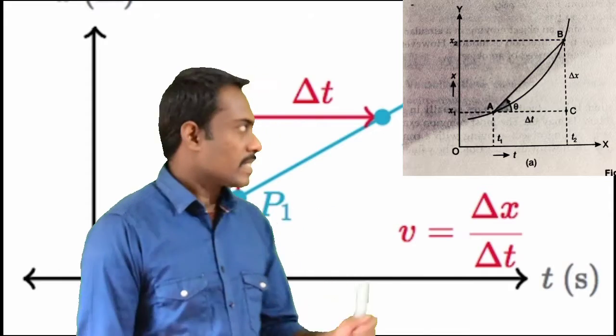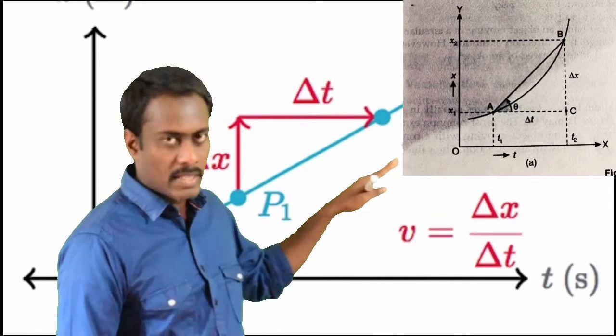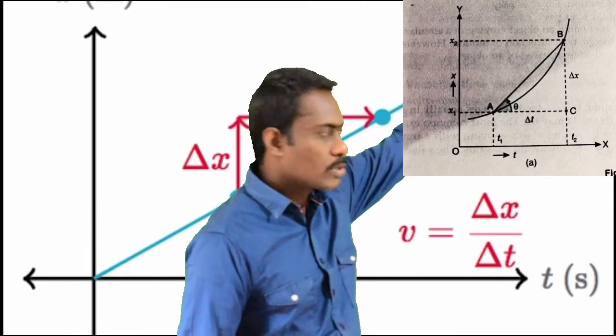If the position time graph extends at an angle theta, we know that if an object is moving with a uniform velocity, the shape of the graph will be a slope.